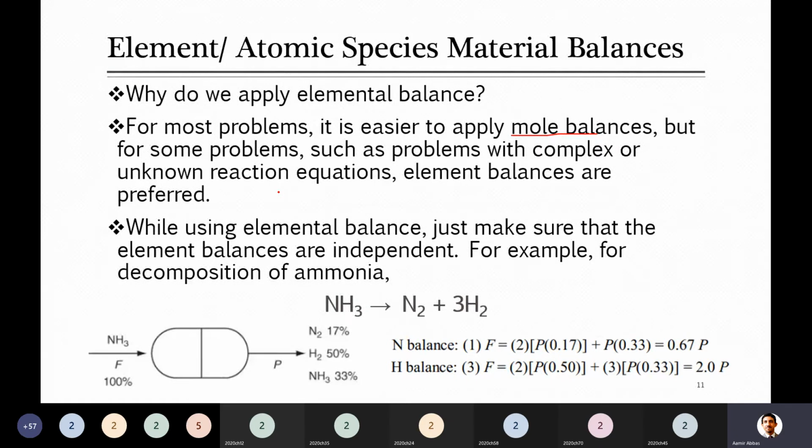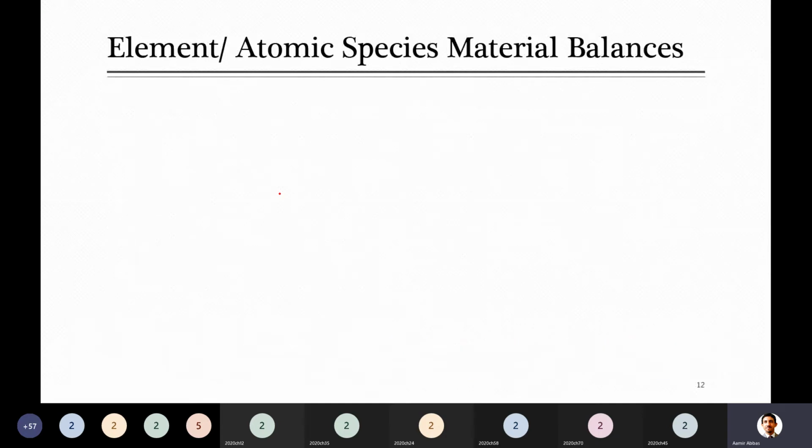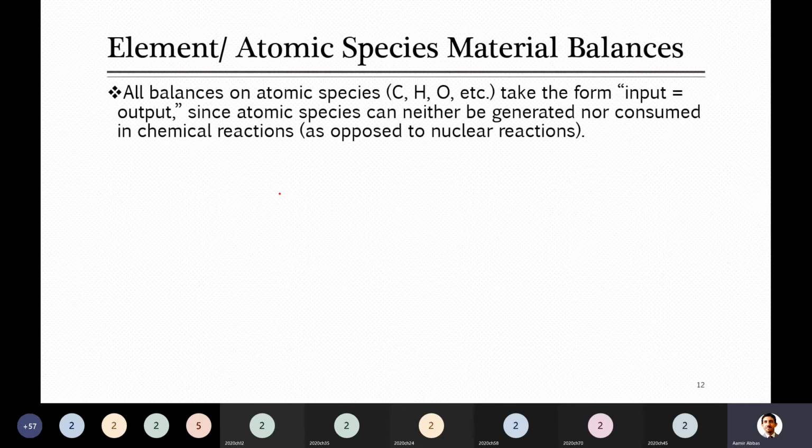Here you can see that these two, N and H, are not independent. So whenever you apply the balance of elements, take care that they are independent. Any balance I write for C, H, O, or for any other element, for example chlorine in the last example, input will always be equal to output, as long as you are not dealing with nuclear reactions.